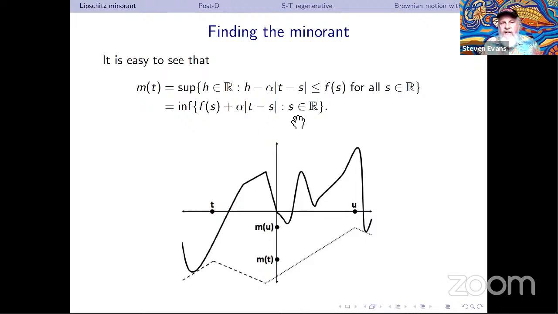And then just a little bit of reordering shows that this recipe here is nothing other than the same as this recipe here. We fix t, and then just have to solve this optimization problem here to get the value of m of t. So it's just an easy optimization problem to solve to get the value of m of t.